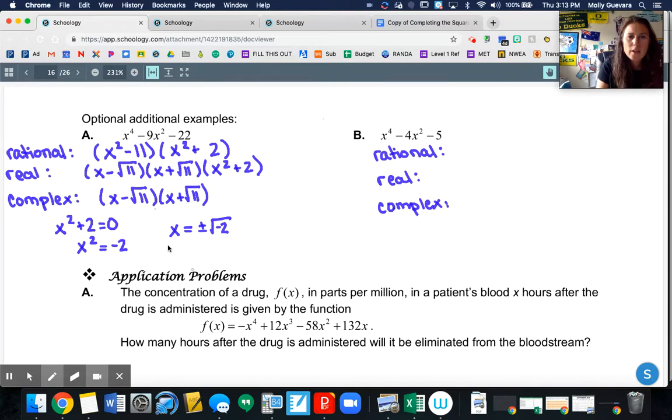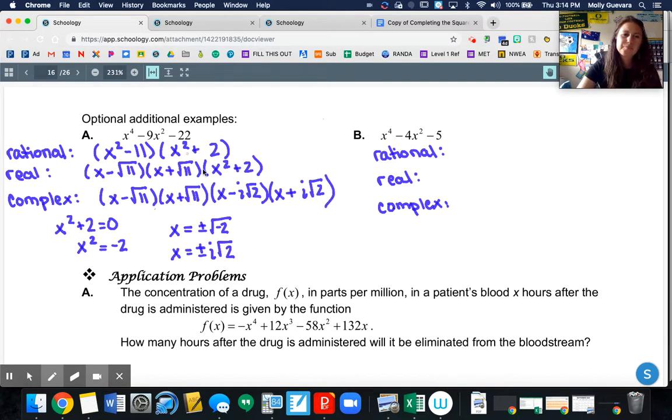Well, I'm not allowed to have a negative under that square root, so I'm going to bring out the negative and make it i, and then just leave square root of 2 since that doesn't simplify. So then this will be x minus i square root of 2, and then x minus negative, so plus i square root of 2. And those are my three answers.